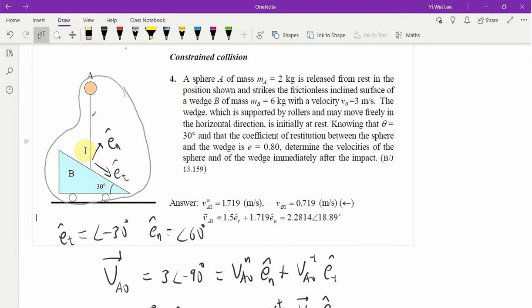That force is the force that constrains B to move in the horizontal direction, and that particular force is actually this normal force, the normal force that acts upwards.